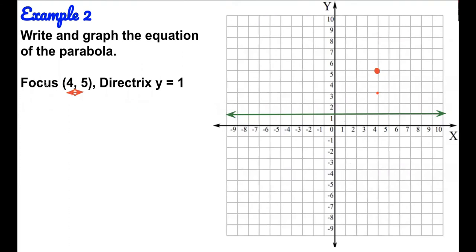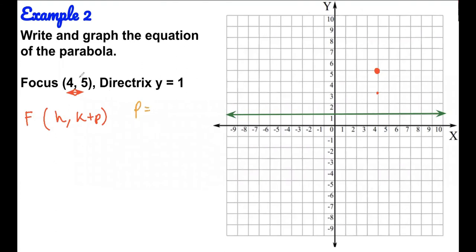Our focus, let me continue doing it in red so you guys can see it, is at (h, k plus p). We need to solve for k and for p. Before we solve for k, we need to solve for p first. So let me solve for p first.